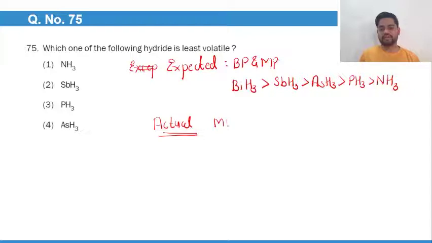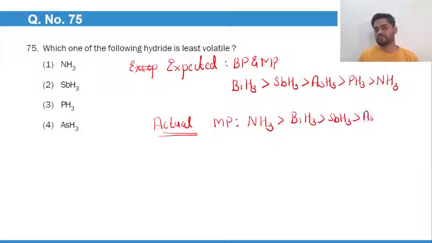If I talk about melting point, due to hydrogen bonding in ammonia, its melting point becomes maximum, and rest everything remains the same, that is BiH3. What we are supposed to ask is the least volatile.